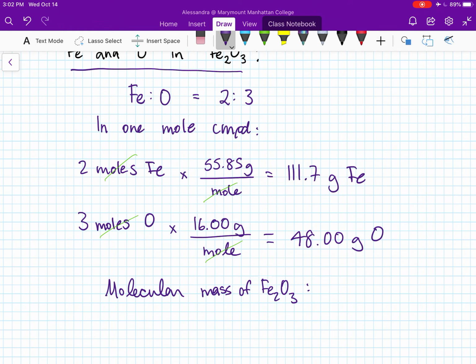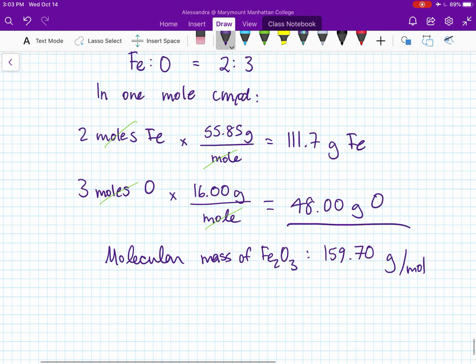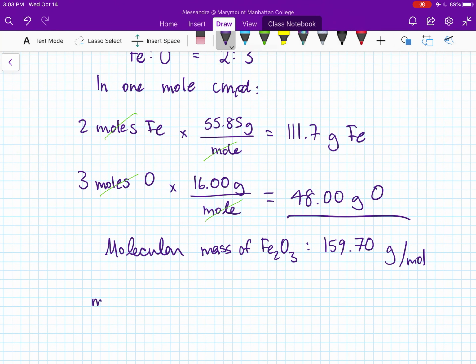And I can do that just by adding those two numbers together or by just looking in the periodic table. It doesn't really matter. It looks like it's going to be 159.70 grams per mole. I just get that by adding 111.7 plus 48.